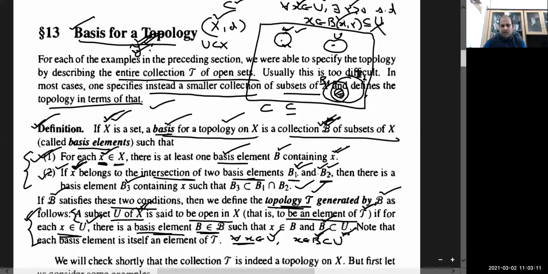A subset U of X is open if... earlier we have already seen the definition of open set. Once there is a topology on any set, then every member of that topology is assumed to be open. So that is one definition. The second definition, one can define using basis members. I already told you that it is going to be something parallel to what we have learned in metric spaces.